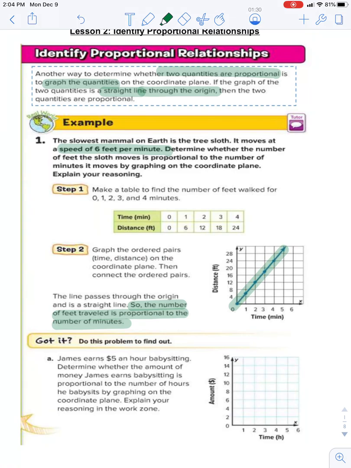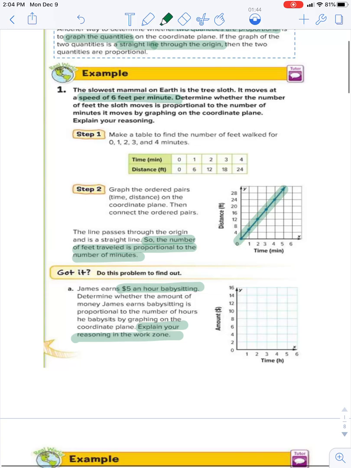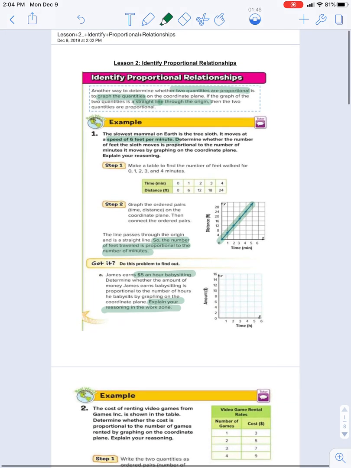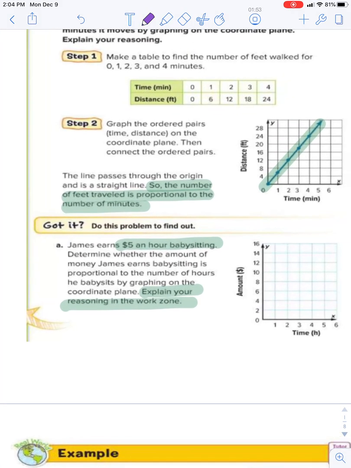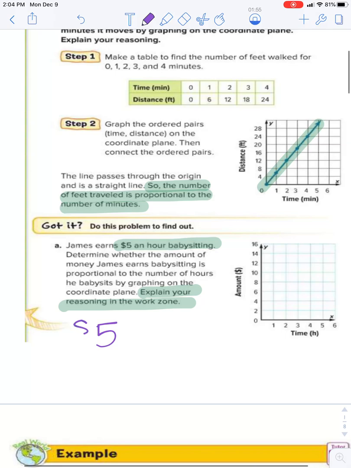Okay, so let's do this next problem together. James earns $5 an hour babysitting. Determine whether the amount of money James earns for babysitting is proportional to the number of hours he babysits. Explain your reasoning in the work zone. So we are going to make our own table, and we are doing a rate of $5 per 1 hour of babysitting.